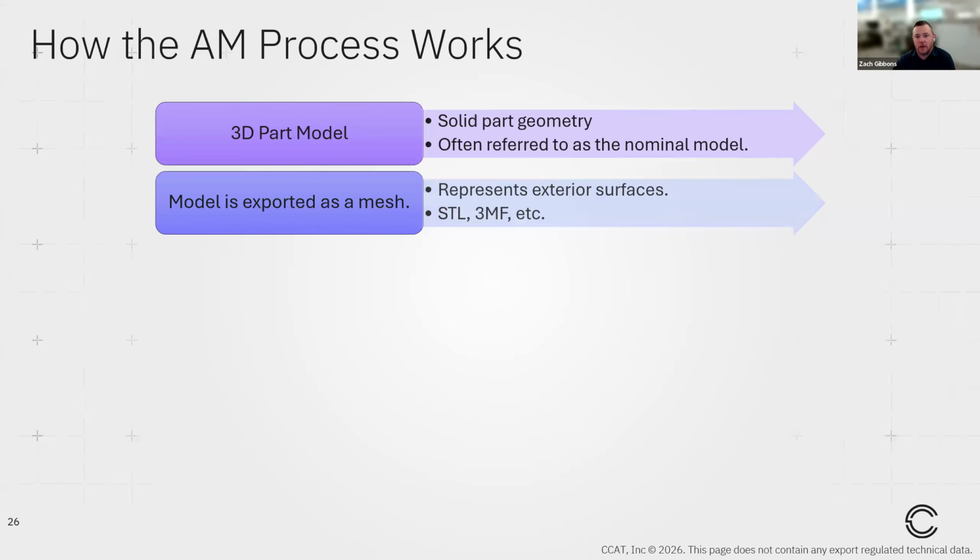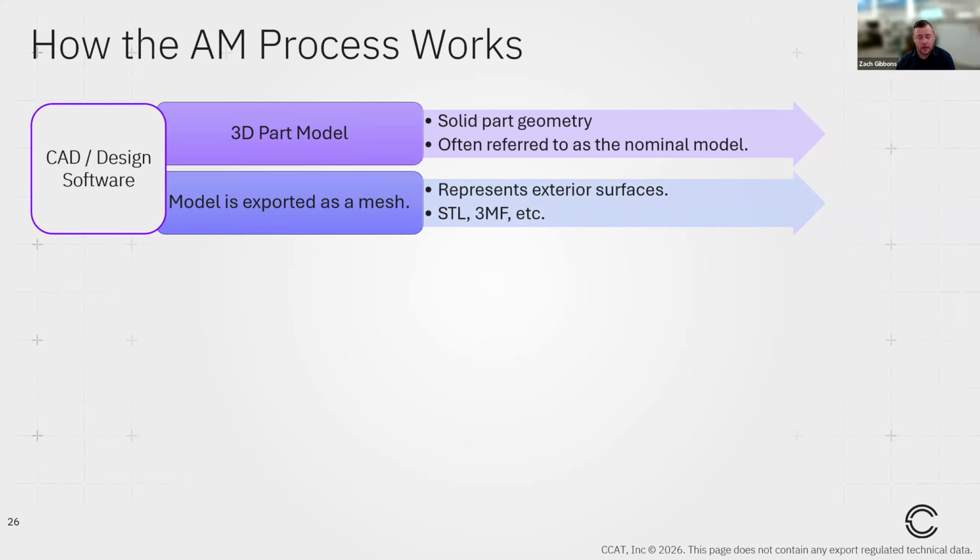We're going to take that 3D model and export it as a mesh file. For those of you who have printed before, you know you need an STL file or a 3MF file. Those are mesh files, and all a mesh file is really doing is representing the exterior surfaces of that geometry. And it's a distinction that we have to make.